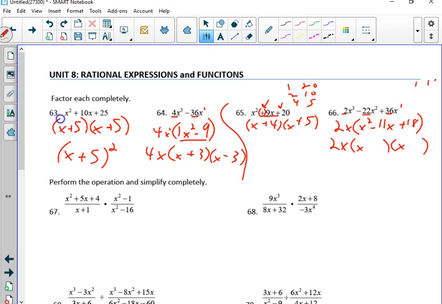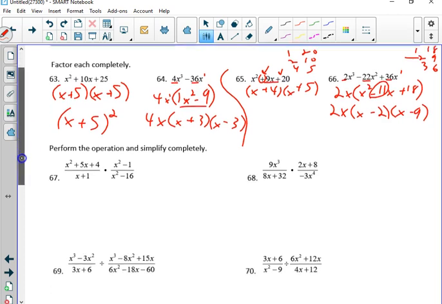Well, again, 1 and 18, 2 and 9, 3 and 6. There you go, 2 and 9. Like I said before, 2 times 9 is positive 18, but so is negative 2 times negative 9. And they have to be negative because I need a negative 11 in the middle. That's as far as I can go.